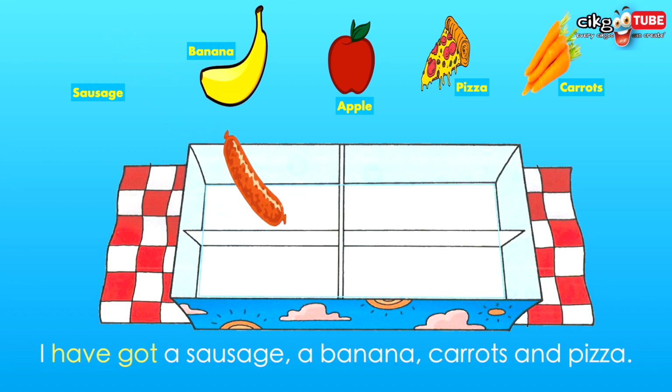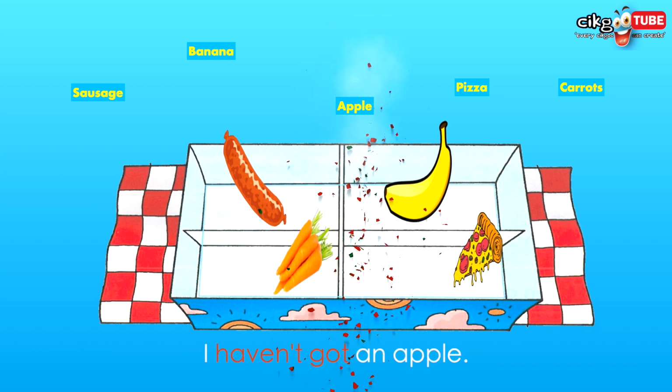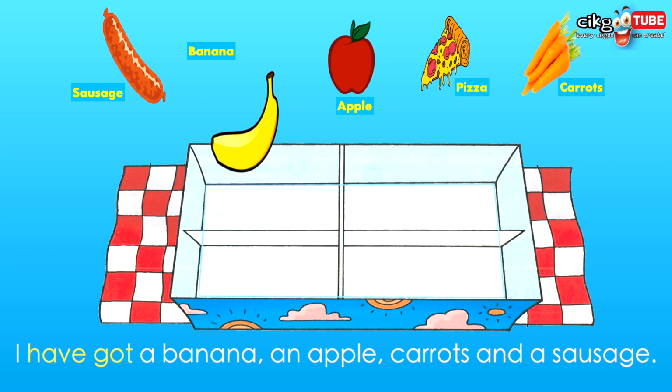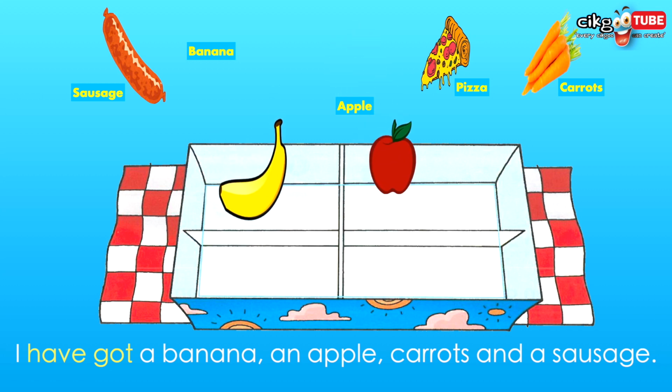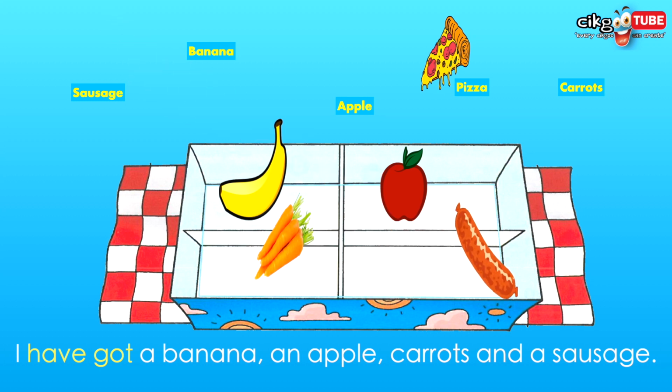I have got a sausage, a banana, carrots, and pizza. I haven't got an apple. The second one. I have got a banana, an apple, carrots, and a sausage.